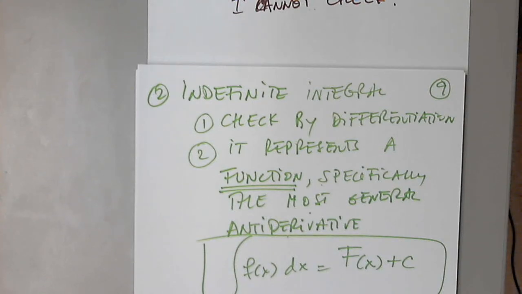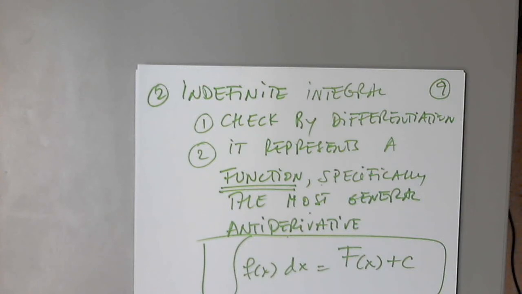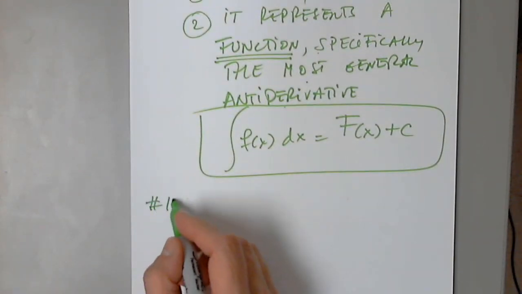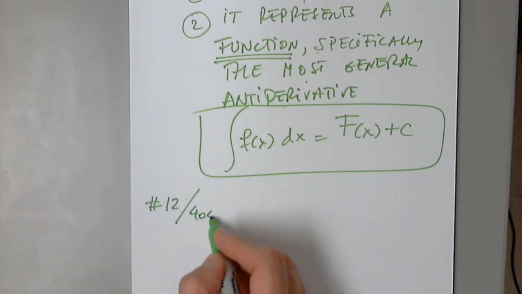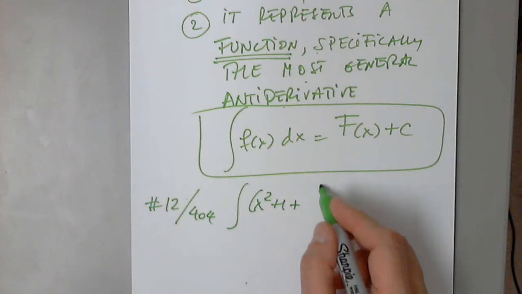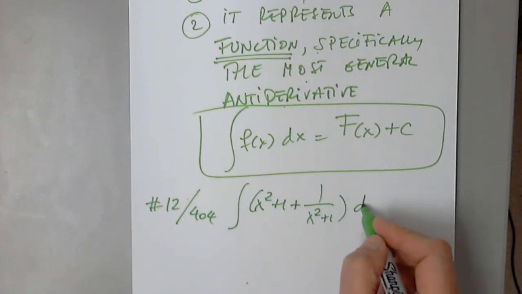Good, so let's look at a few examples and practice this concept. Those problems come from page 404. Let's start with number 12. The integral of x squared plus 1 plus 1 over x squared plus 1 dx.